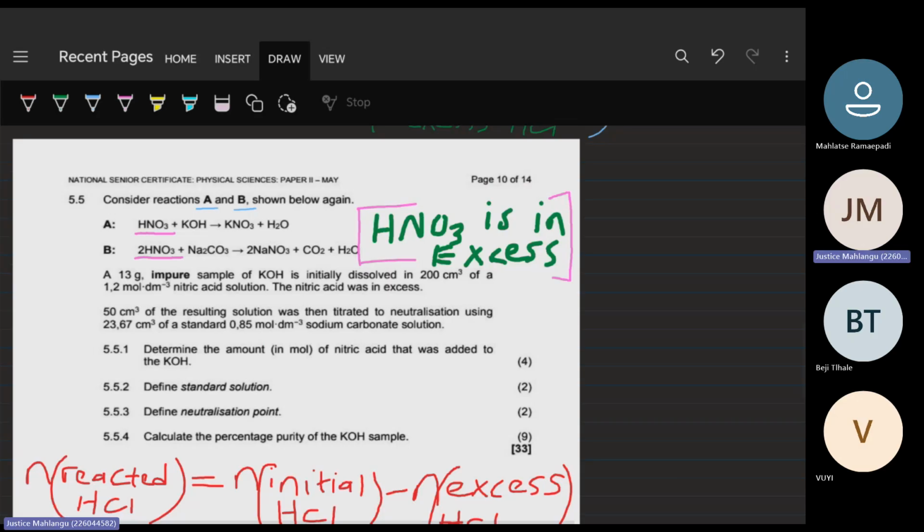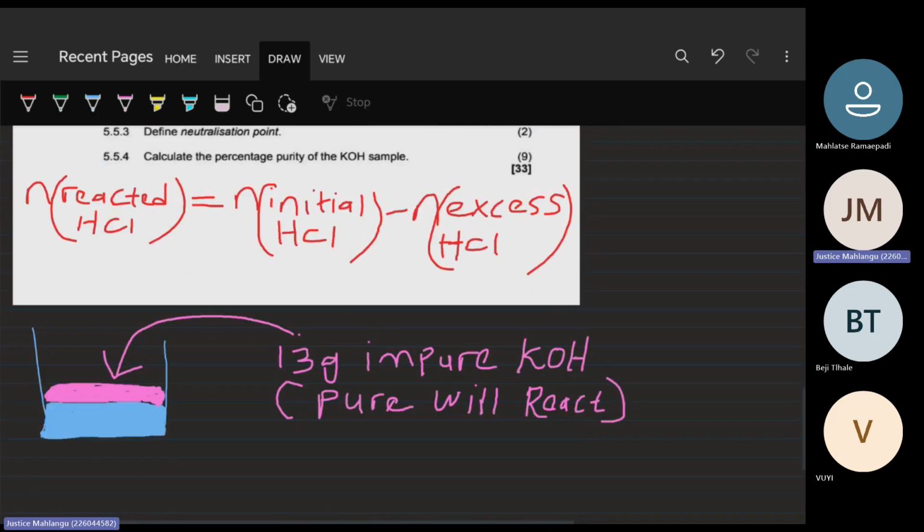This impure potassium hydroxide is initially dissolved in 200 cubic centimeter of 1,2 mole per cubic decimeter nitric acid. So for this nitric acid, we're given the volume and its concentration. The 200 cubic centimeter is our volume, and the 1,2 mole per cubic decimeter, we know those SI units symbolize concentration. So we're given volume and concentration.